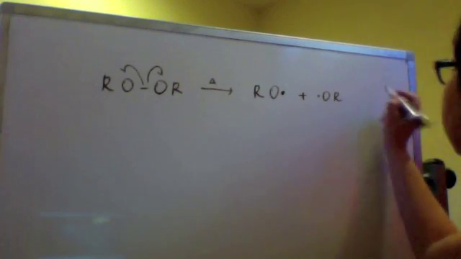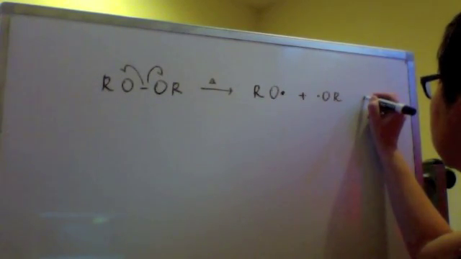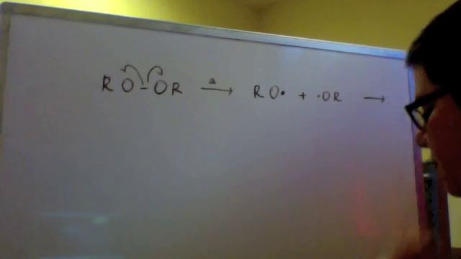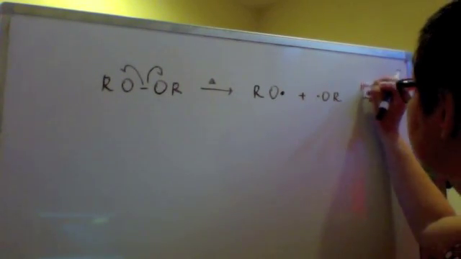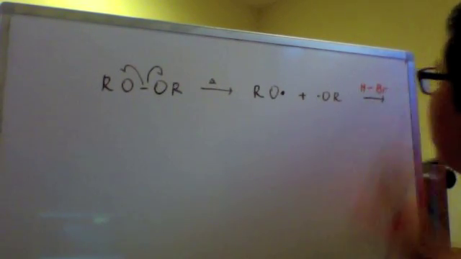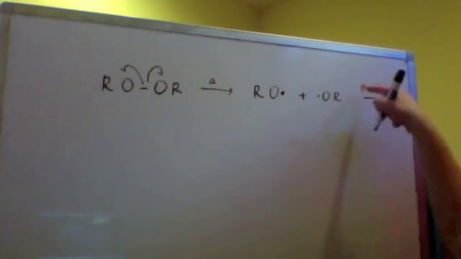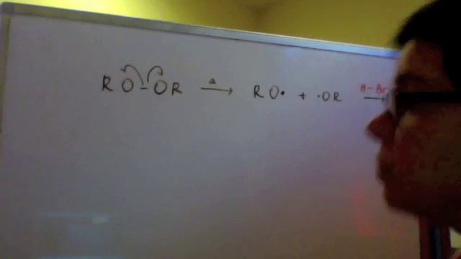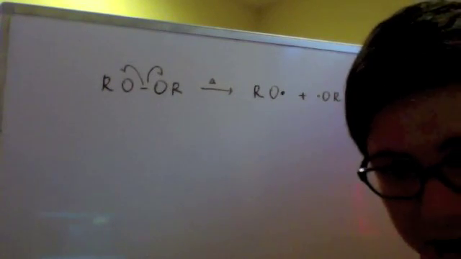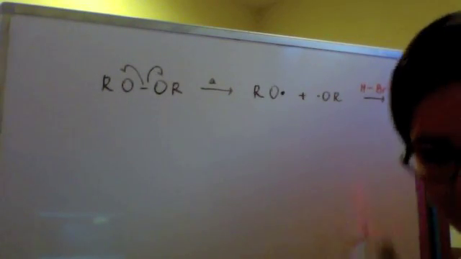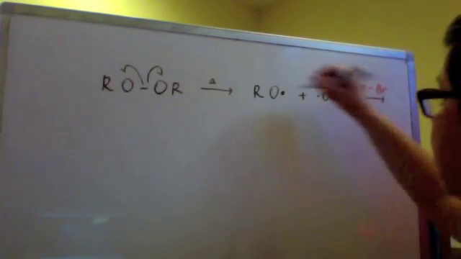So now, let's do this here. Okay, so now, when alkoxy radical adds to hydrogen bromide, the hydrogen-bromine bond will also break in a similar fashion that we observed here. In other words, we're going to form oxygen-hydrogen bond and a bromine radical.